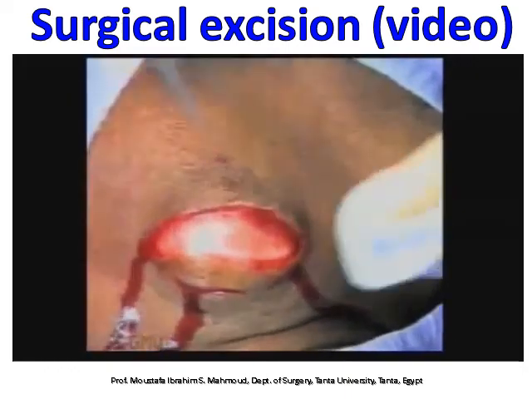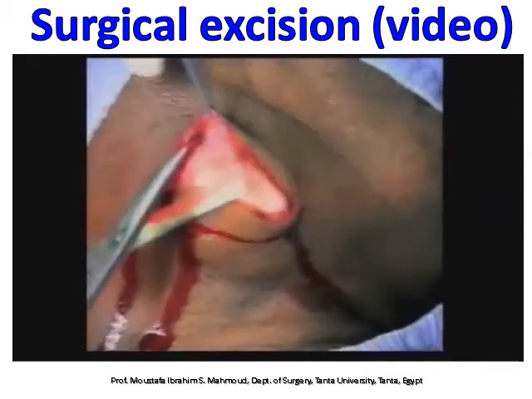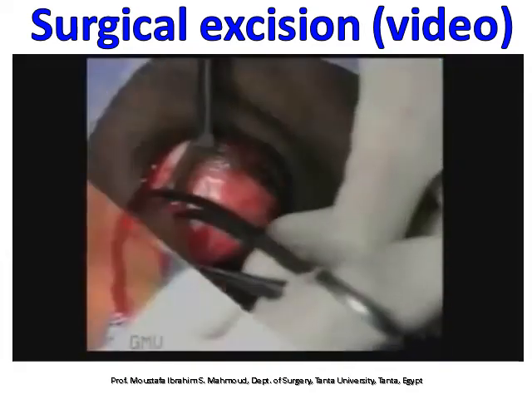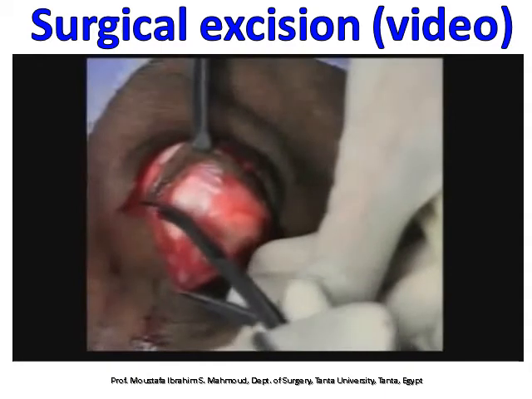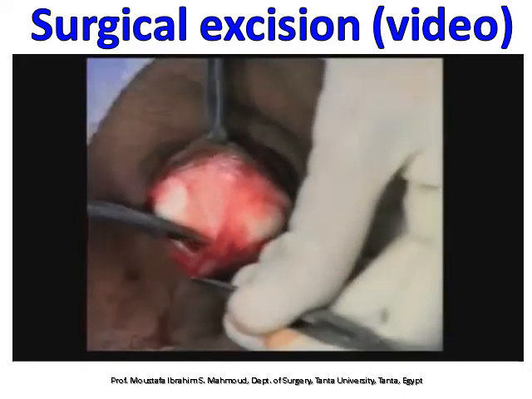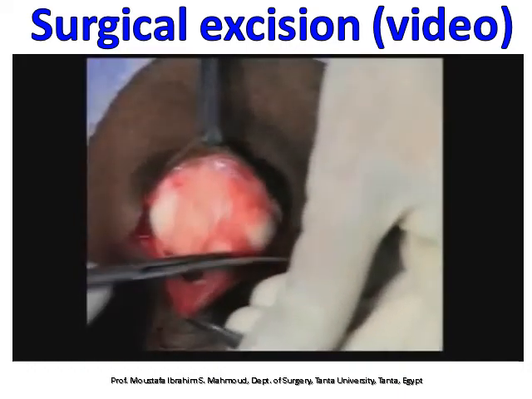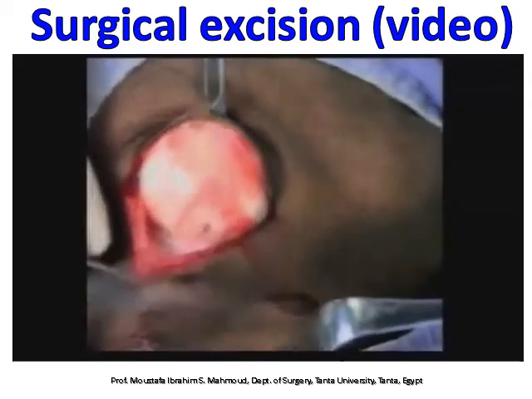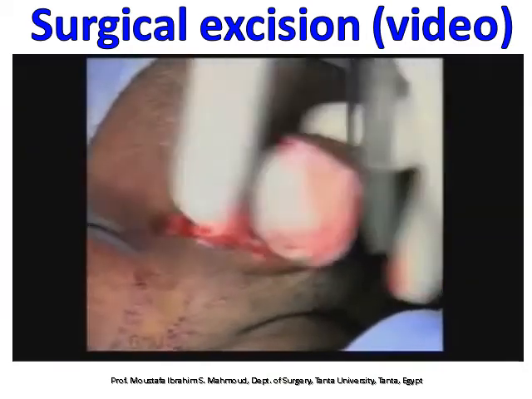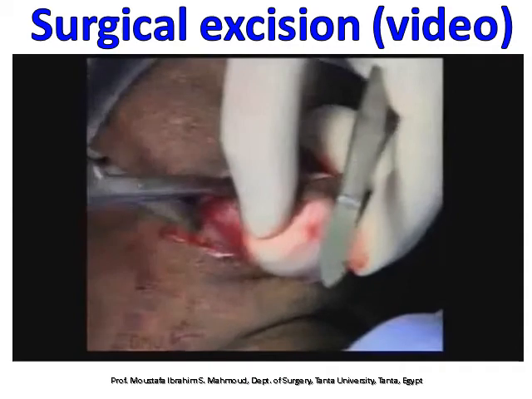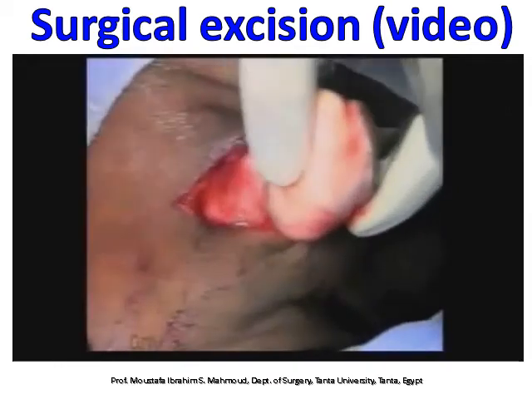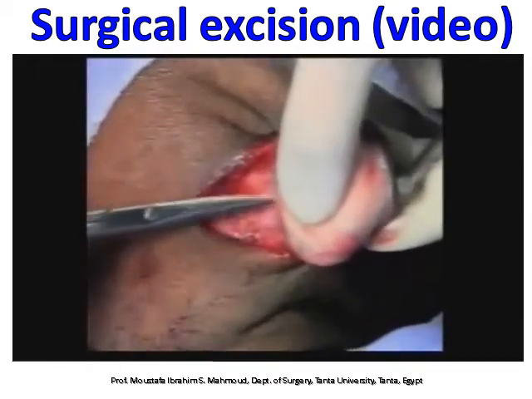The end of the ellipse from one side, undermining the skin around the cyst with the ellipse of the skin attached to it, containing the punctum, and the section deep to the cyst to separate it from the depth.